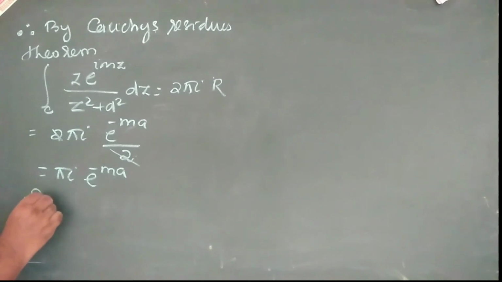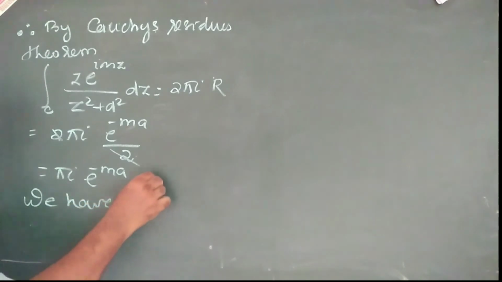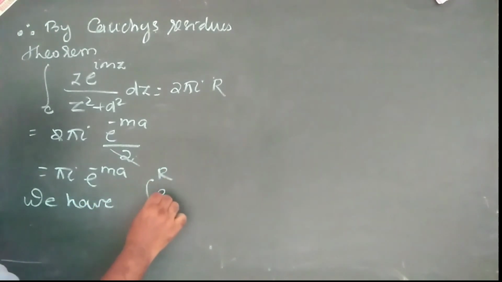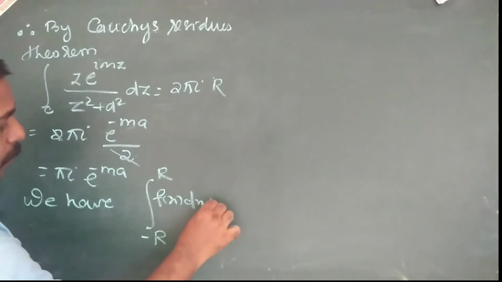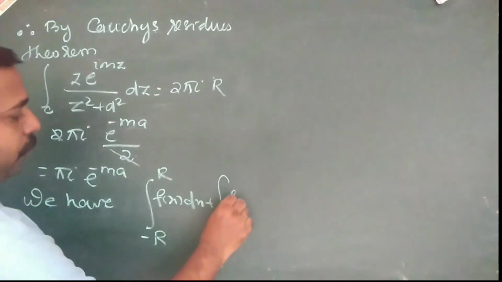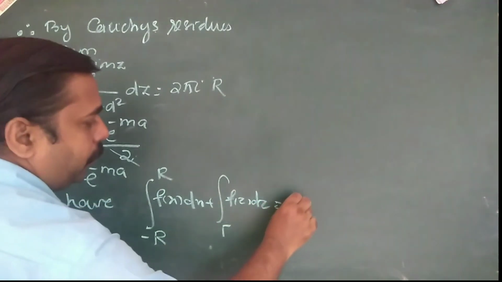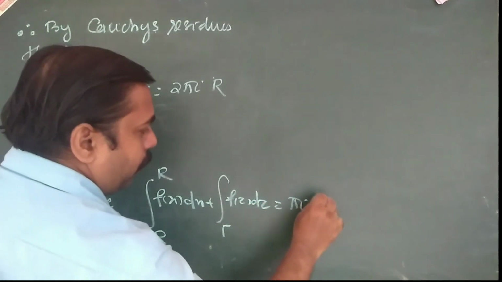We have the integral from minus r to r of f of x dx plus the integral of f of z dz is equal to pi i into e raised to minus ma.